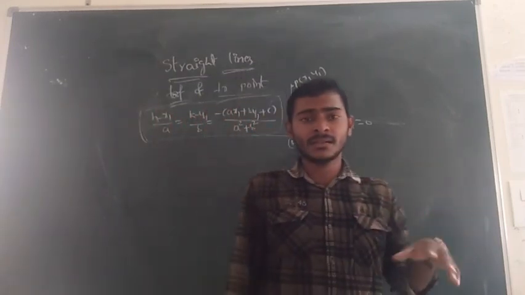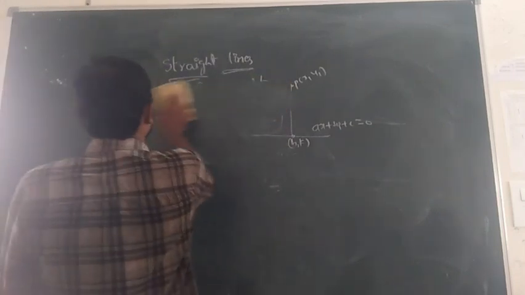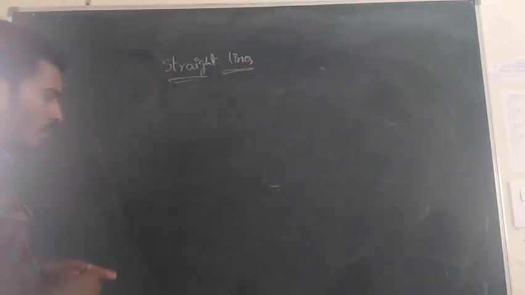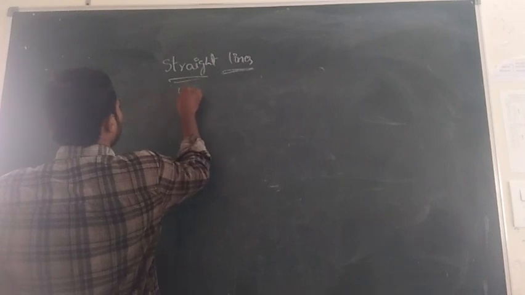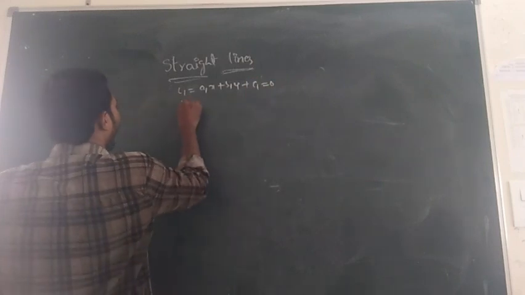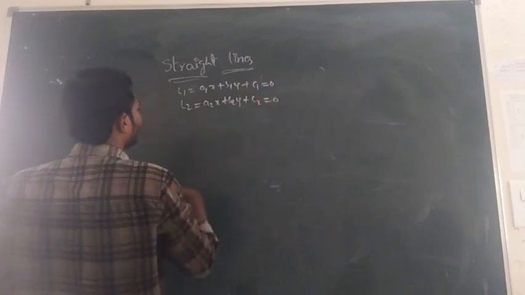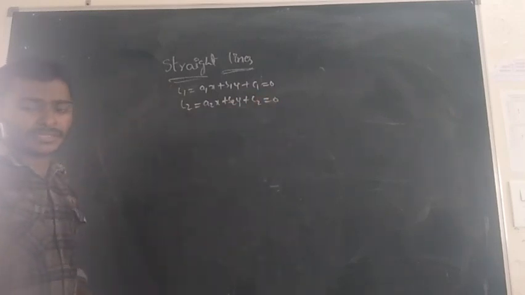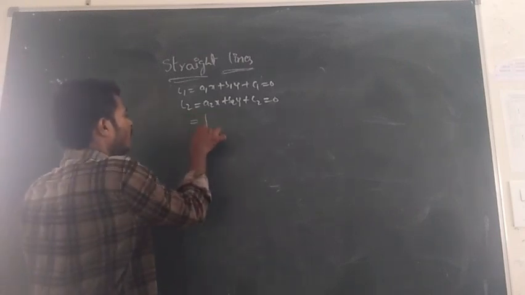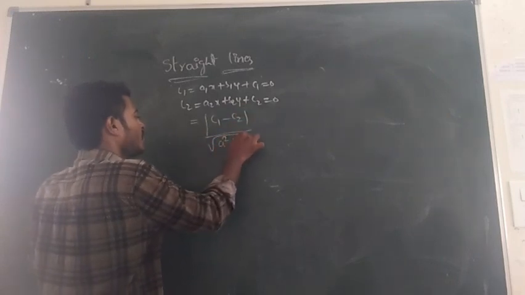Now the last formula is the distance between parallel lines. Suppose L1 equals A1x plus B1y plus C1 equal to 0 and L2 equals A2x plus B2y plus C2 equal to 0. If two lines are parallel, the distance between the parallel lines is mod of C1 minus C2 by square root of A square plus B square.